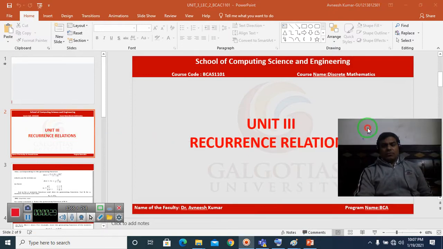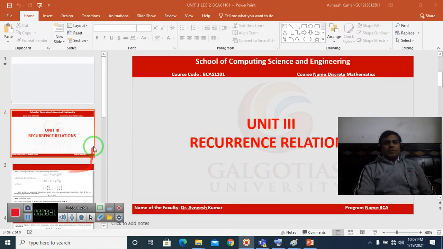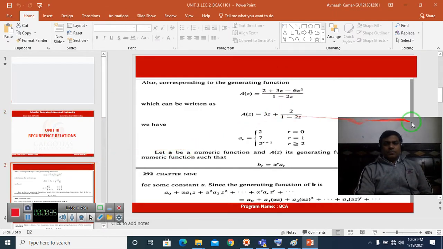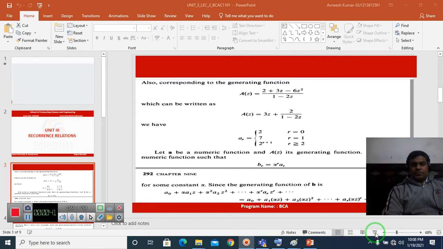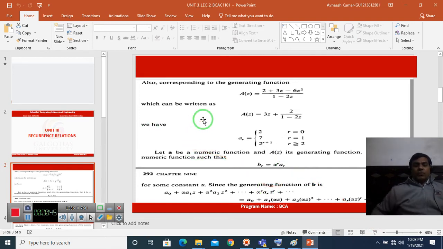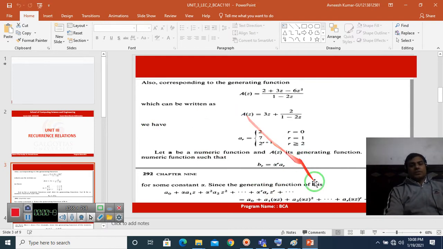Second lecture of the third unit, that is recurrence, reduction and generating function. In this lecture we will learn how we can find the numeric function from the given generating function.